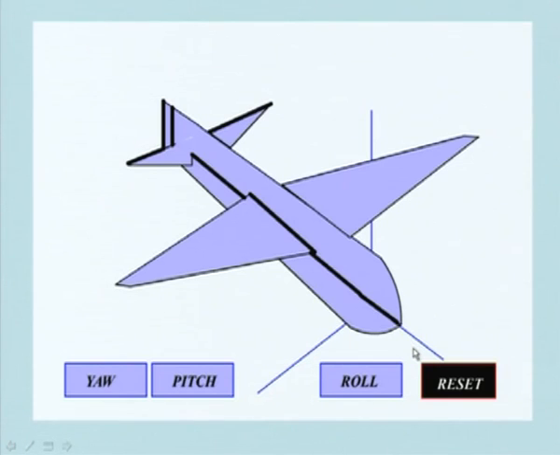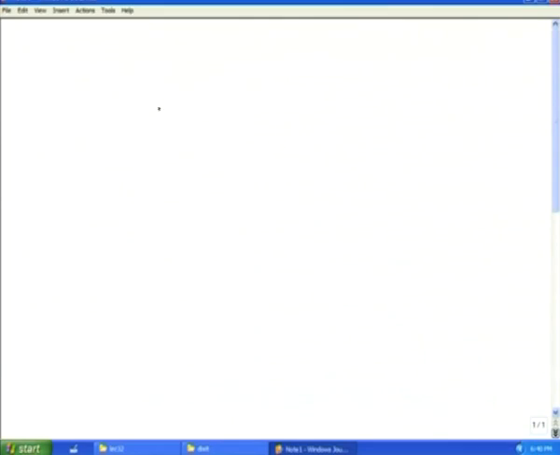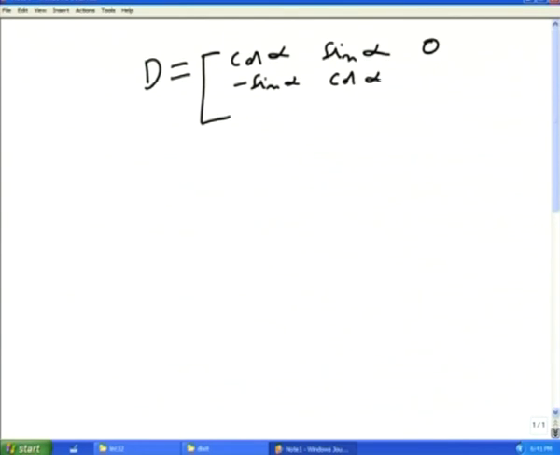Now in the case of parallel angles, suppose you have D equal to cos alpha, sin alpha, 0; minus sin alpha, cos alpha, 0; 0, 0, 1.